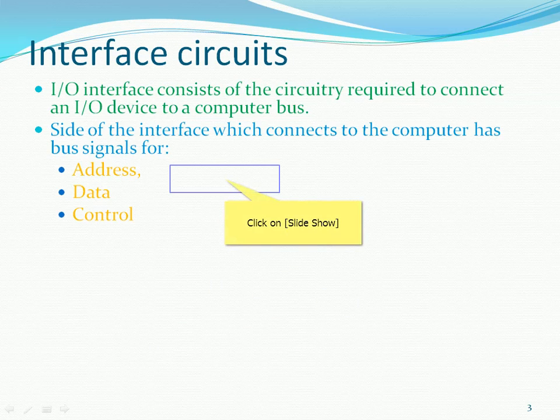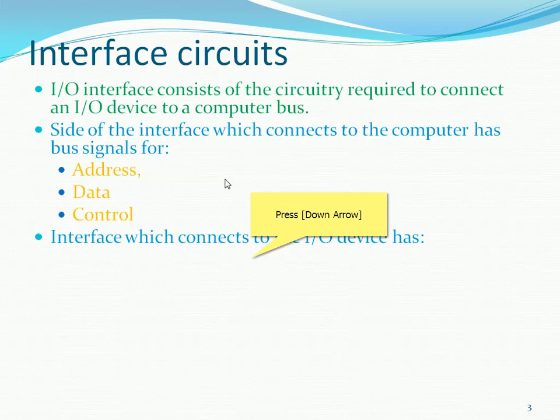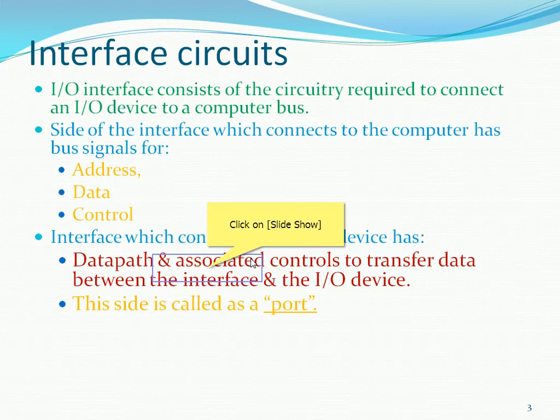the circuitry required to connect I/O devices to the computer bus. The side of the interface which connects to the computer has the bus signals for address, data, and control. On the side which connects to the I/O devices is the data path.